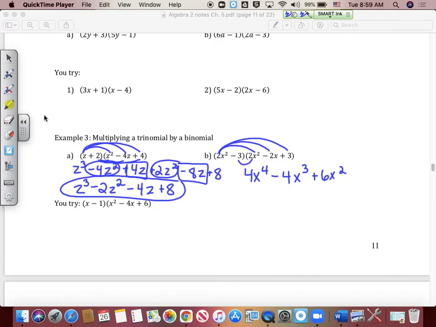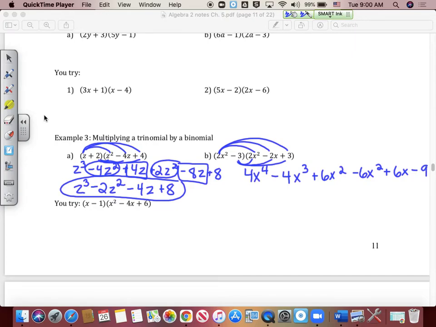Then multiplying negative 3 by everything, negative 3 times 2x squared is negative 6x squared. Negative 3 times negative 2x is a positive 6x, and negative 3 times 3 is negative 9.